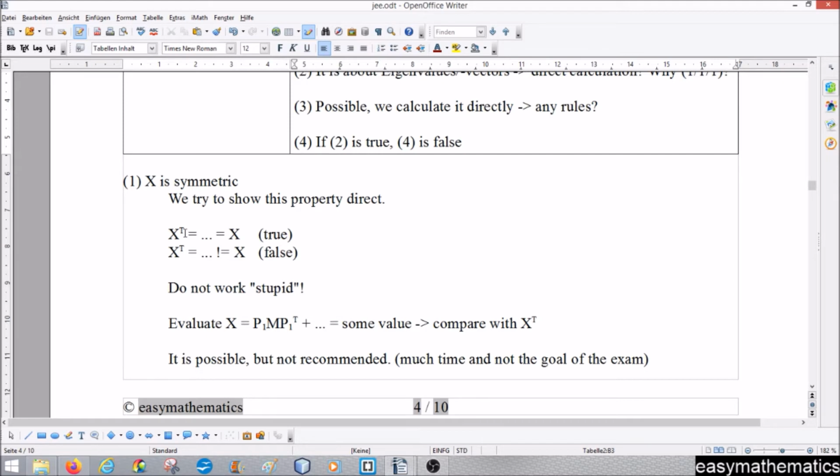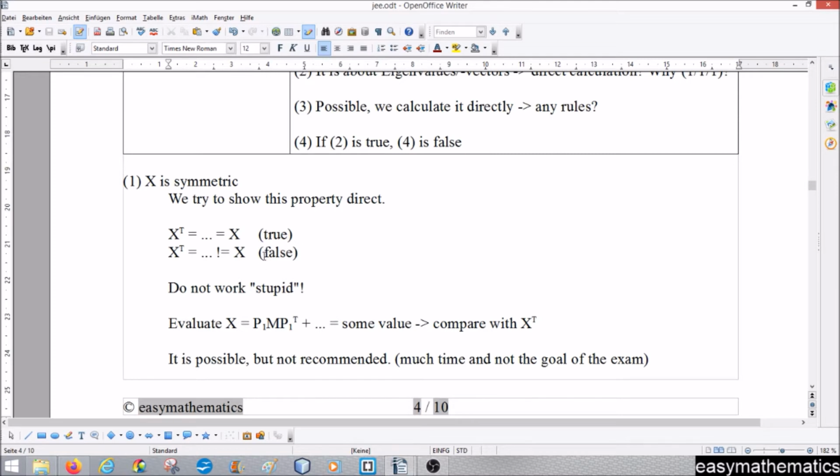We start with X transposed, then we manipulate our expression, and if we get to X, question 1 is true. If we do not get X, question 1 is false. Okay, and here, do not work stupid.